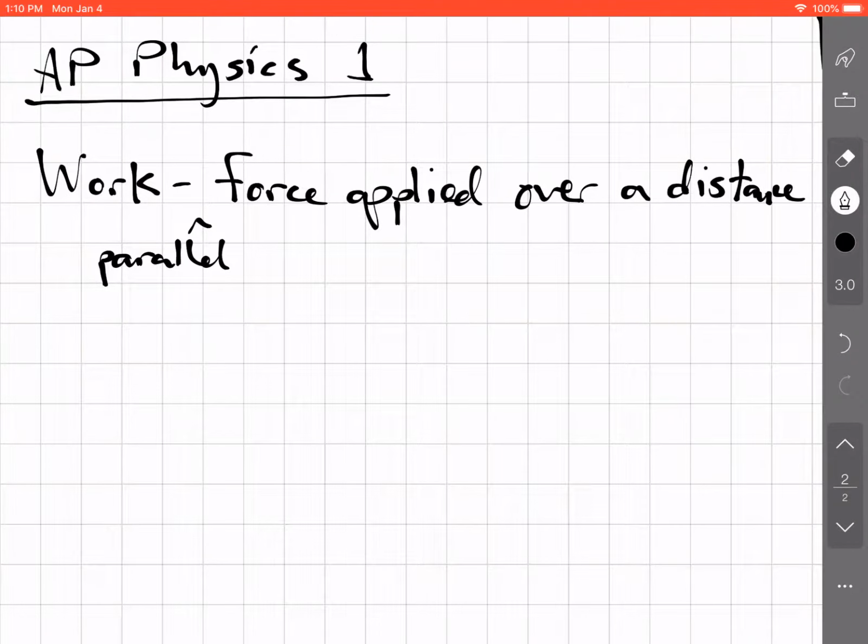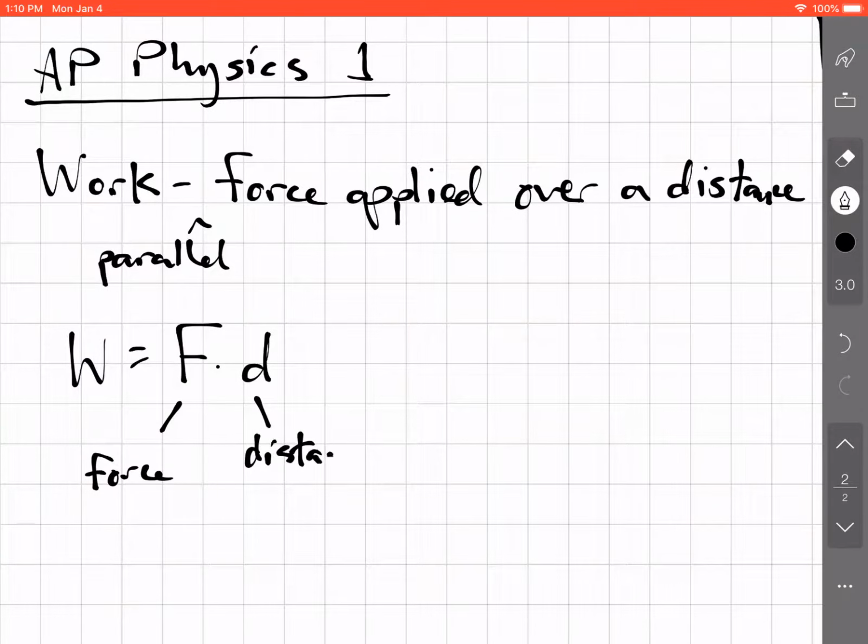All right. So, for example, our equation that we're going to be dealing with here on a simple case is force times distance. So, F is force, D is distance. And we have a little extra piece added in here as well. That is cosine of theta.